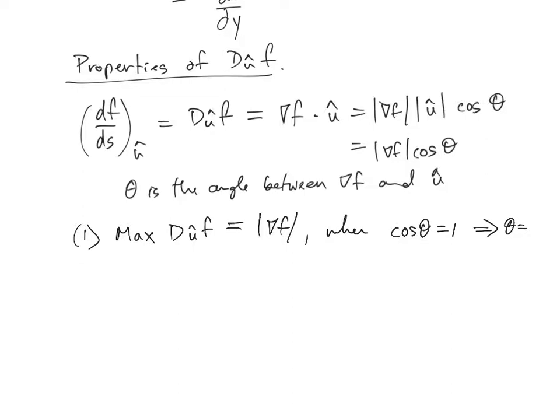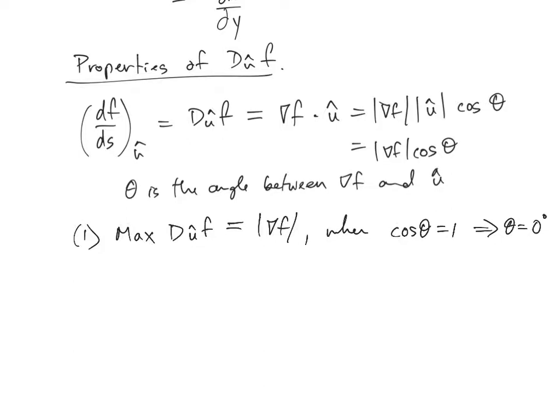At what angle is the cos of theta equal to 1? 0. So when the angle between the gradient vector and the direction in which you're taking the derivative is 0, you get the maximum directional derivative.